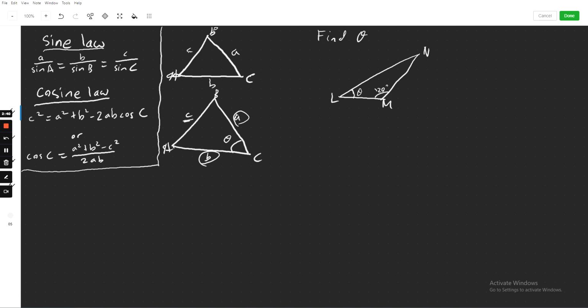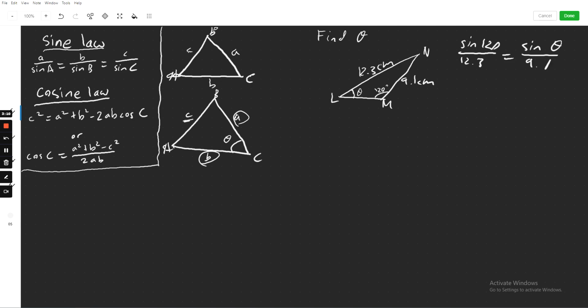And we have side lengths 12.3 centimeters and 9.1 centimeters. So in order to find theta, we just use the sine law. So let's see. Sine 120 over 12.3 is equal to sine theta over 9.1.